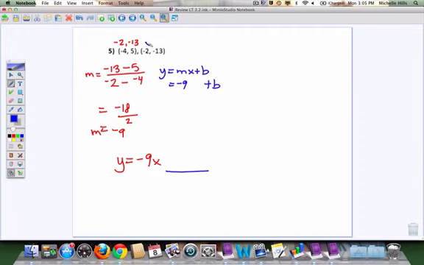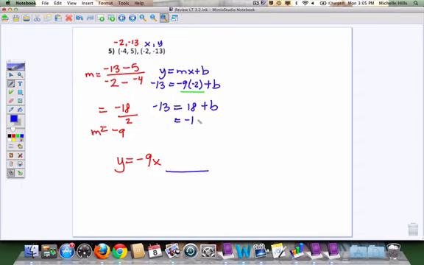Inside each ordered pair, there's an x value and a y value. So pick one of your two ordered pairs, it doesn't matter which one. In this case, the y is negative 13 and the x is negative 2. So now I want to simplify this equation. Negative 9 times negative 2 is positive 18. So I have negative 13 equals positive 18 plus b.